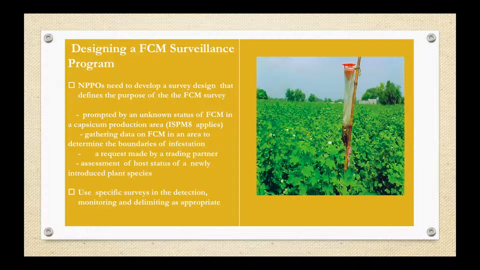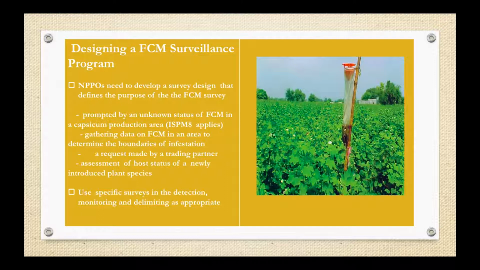If the larval stages or the eggs are still very few, you may continue to do periodic scouting and monitoring so that you reach a status where you can take action. Again, you might wish to gather data on FCM in an area to determine the boundaries of infestation. Of course, here you would apply the principle of a delimiting survey. I just want to mention that for FCM, it is entirely specific surveys.